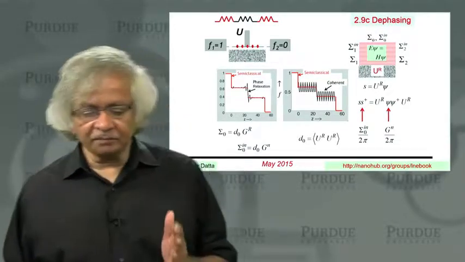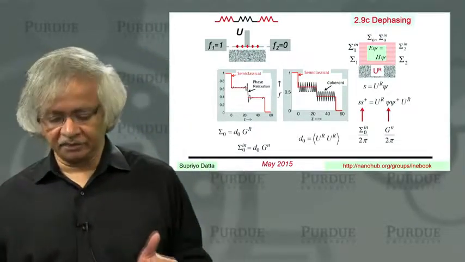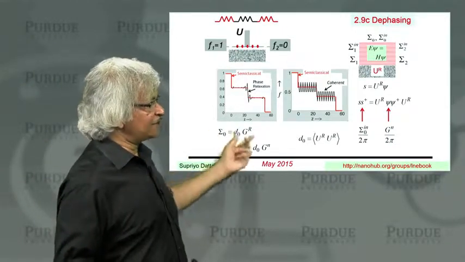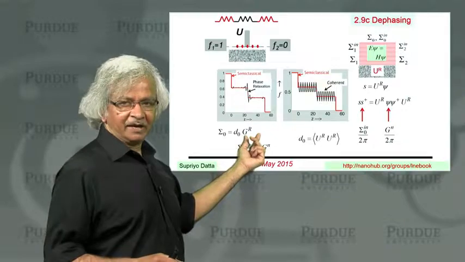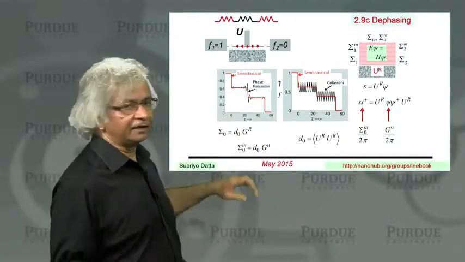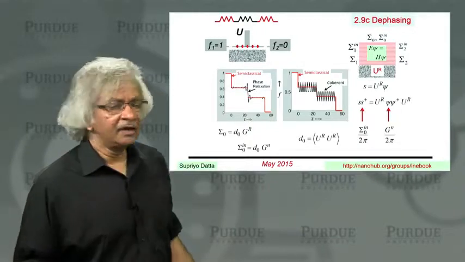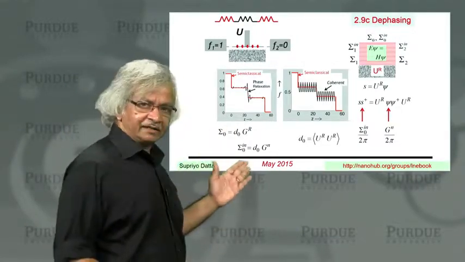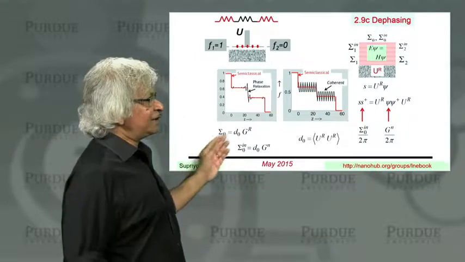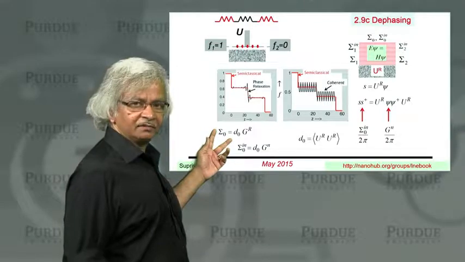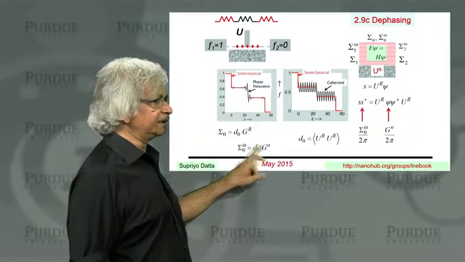Now, what I'm told is that people who do large-scale numerical computation don't like this one very much because you have to keep the entire matrix. They would rather have models where you need only the diagonal elements of the matrix. And I'll show you a choice after this where you do just that. That is, you only keep the diagonal elements of GR when you construct the sigma 0, and similarly the diagonal elements of Gn.